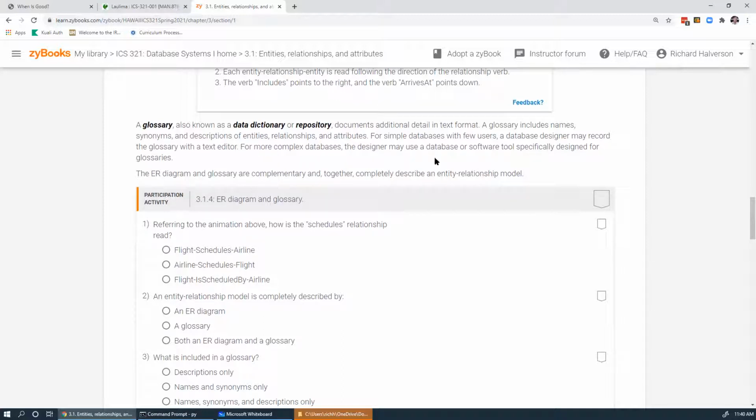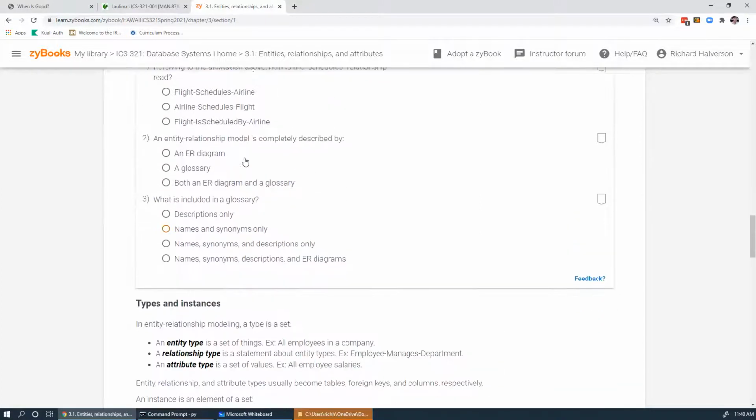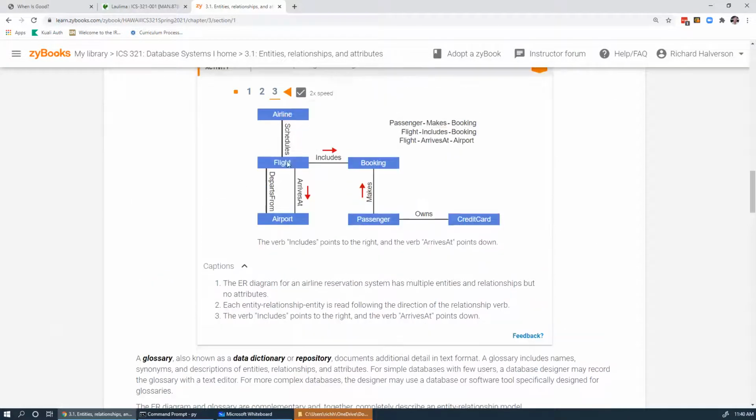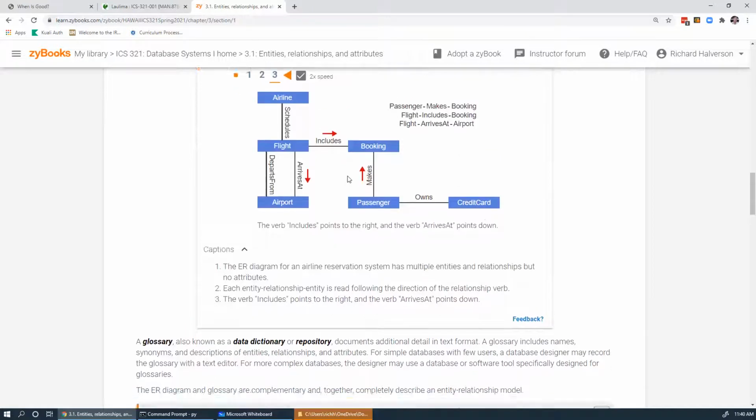For more complex databases, the designer must use a database tool or software tool designed specifically for glossaries. If it gets complicated, and in a system like this, it would definitely get complicated.